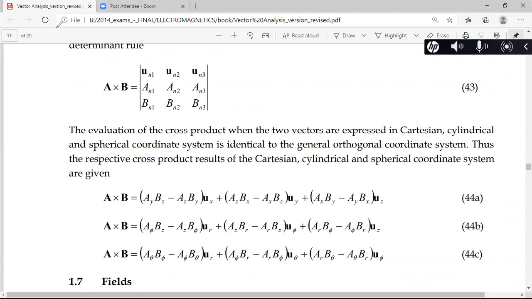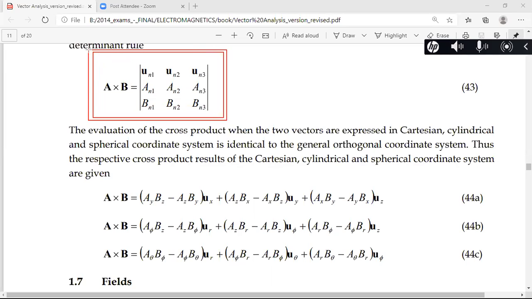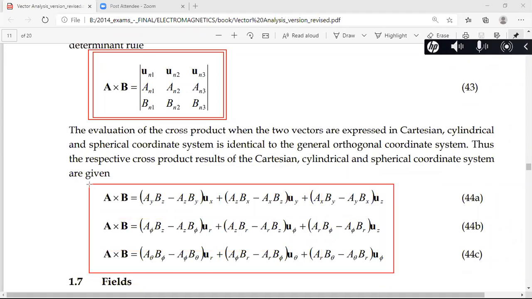If you want to take the cross product between two vectors, this is the easiest way to expand the relationship. With the support of this matrix, you can expand this general form for the cross product, whether it is spherical, cylindrical, or Cartesian, it does not matter. You can deploy this mechanism.